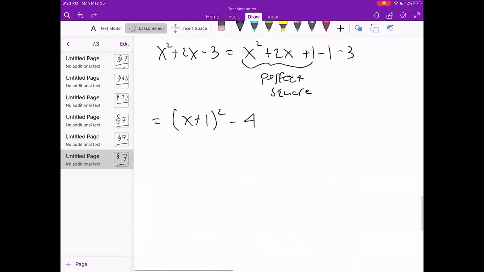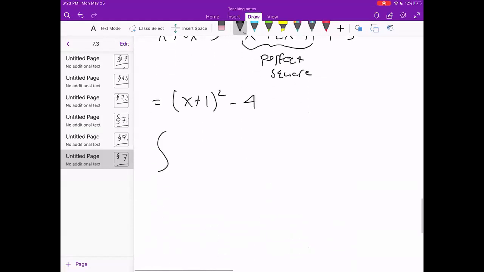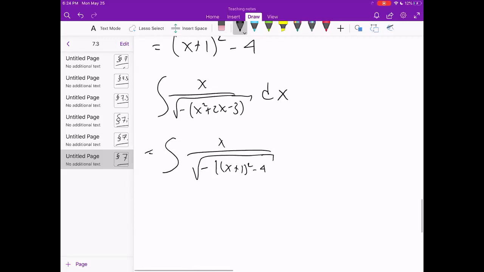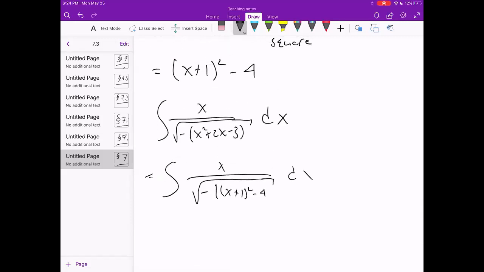All right, so my integral then was x over the square root of negative x squared plus 2x minus 3. But after completing the square, this is now the integral x over square root of negative, then I have x plus 1 squared minus 4 dx.